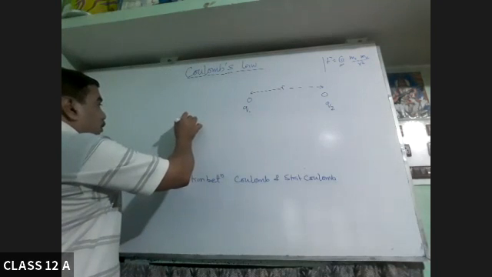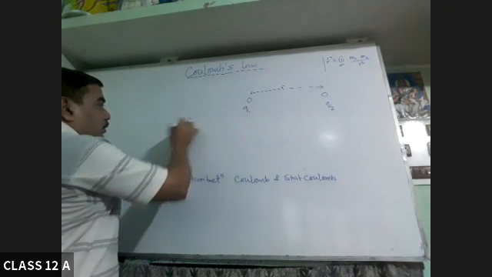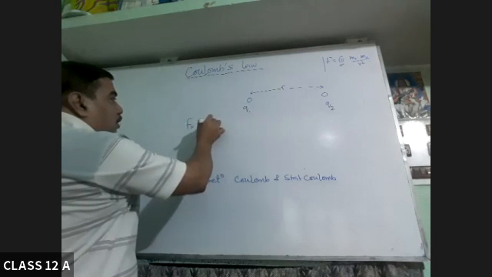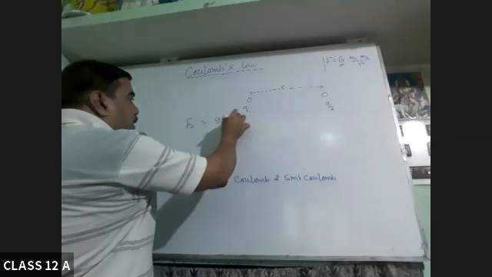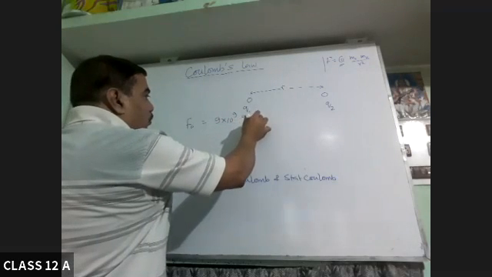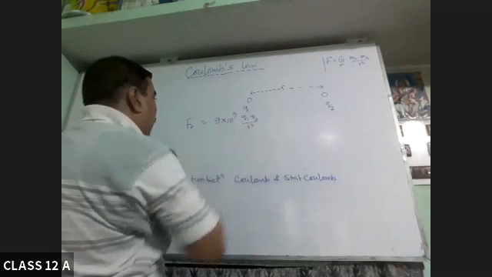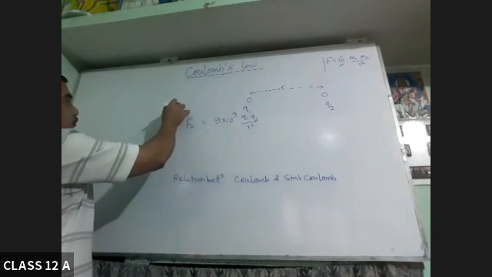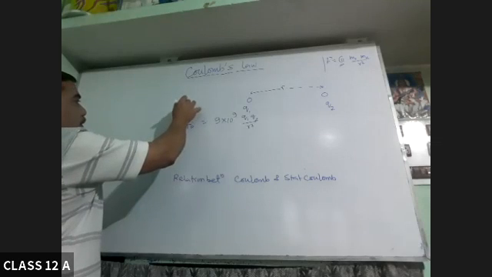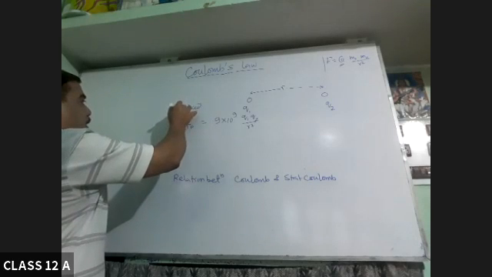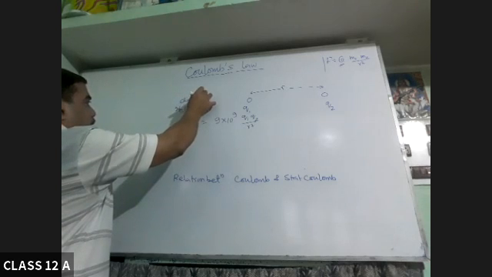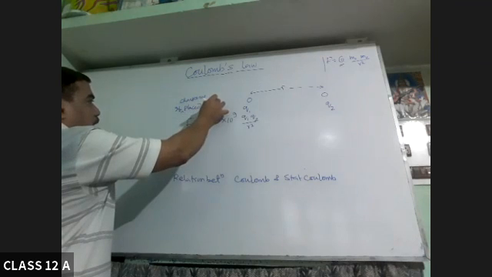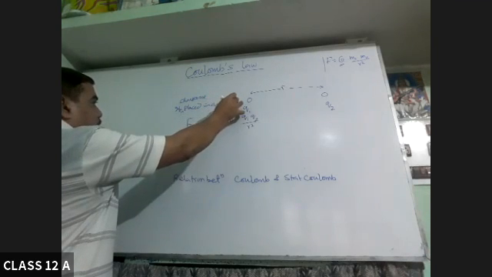As we know, in case of vacuum or air, suppose we are writing this F naught. How much is this? It is 9 into 10 to the power 9 Q1 Q2 over R square, if the charges are placed in air or in vacuum.